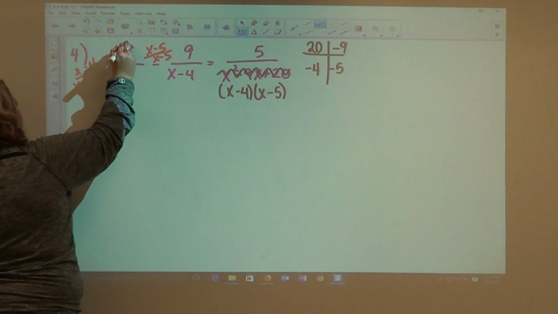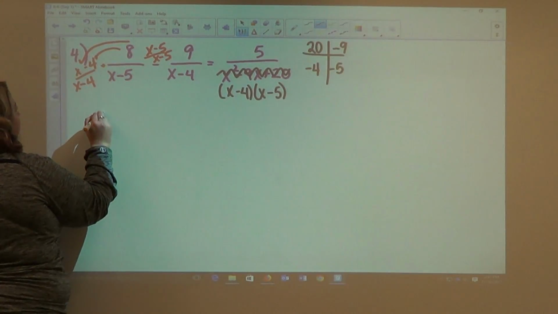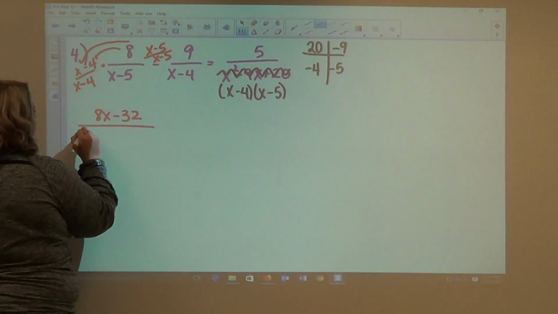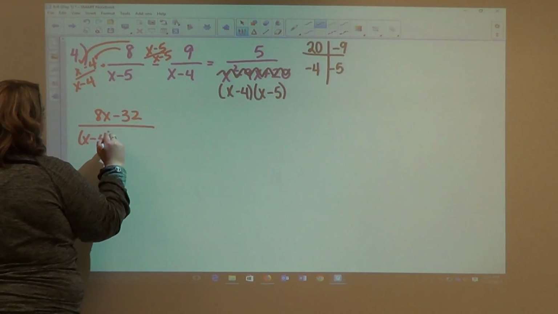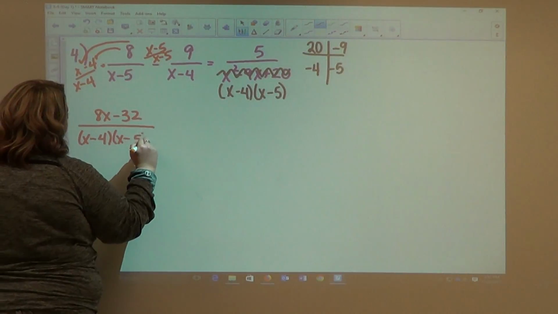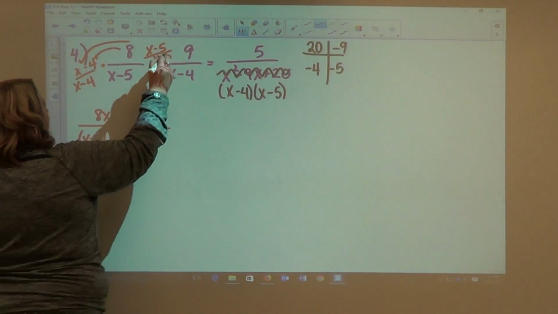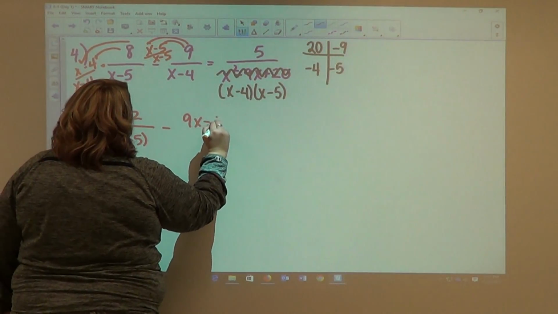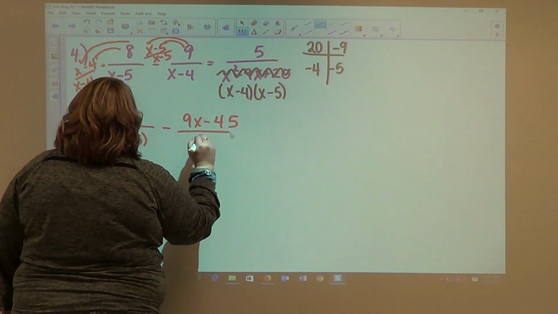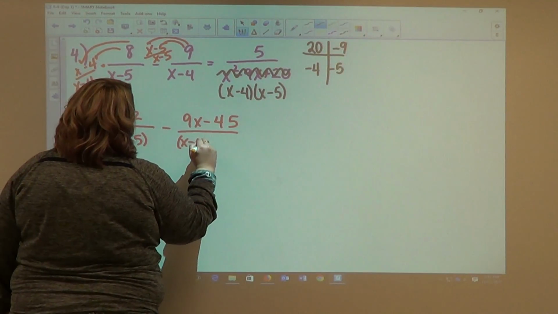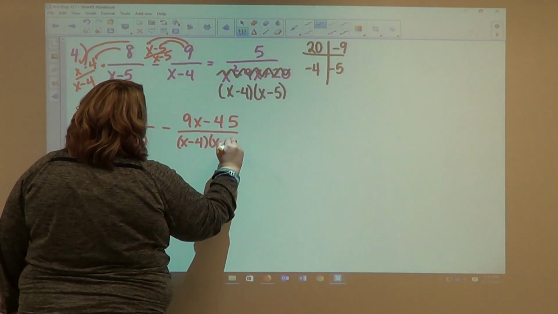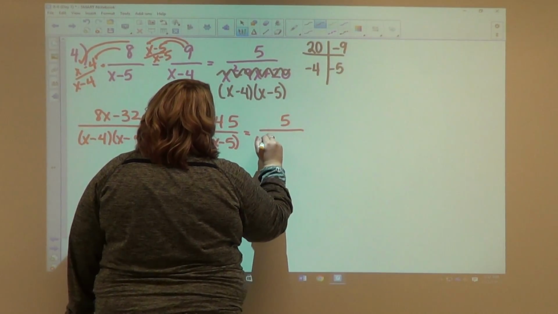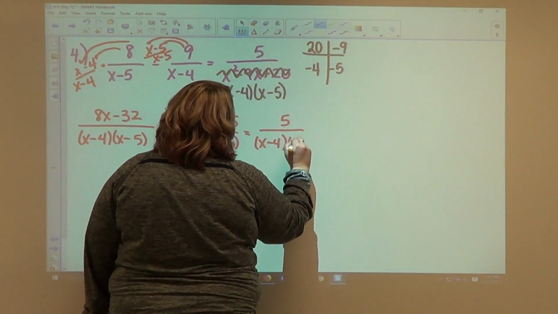Alright, so multiply. So I would distribute, so that'd be 8x minus 32 over x minus 4, x minus 5, minus, okay, distribute here, so I'd have 9x minus 45 over x minus 4, x minus 5 equals 5 over x minus 4, x minus 5.